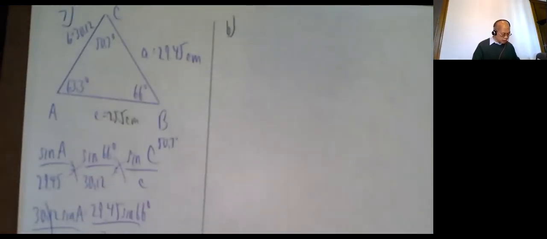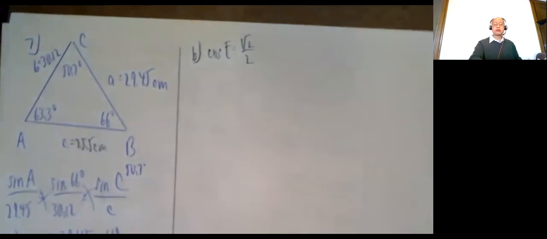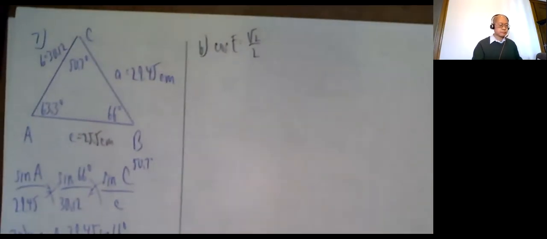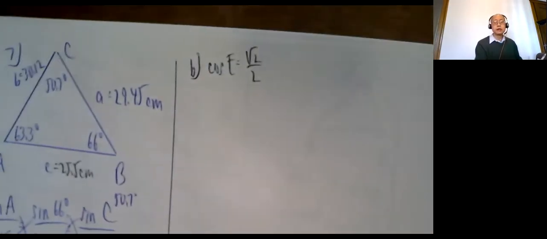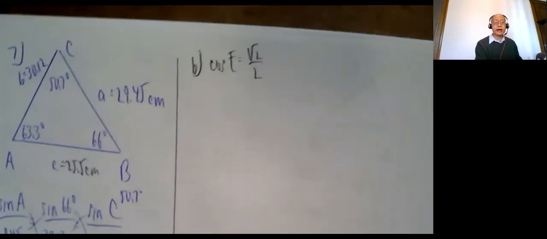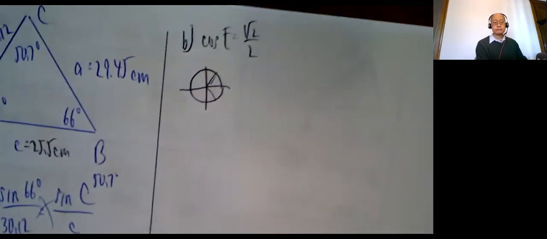Okay, 9b, cosine of E is radical 2 over 2. This time there's only one angle, because if you look at the unit circle, cosine is positive in quadrants 1 and 4.